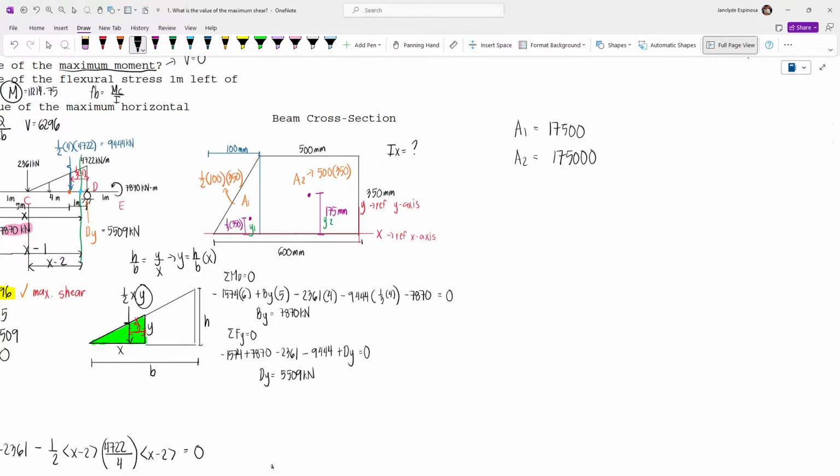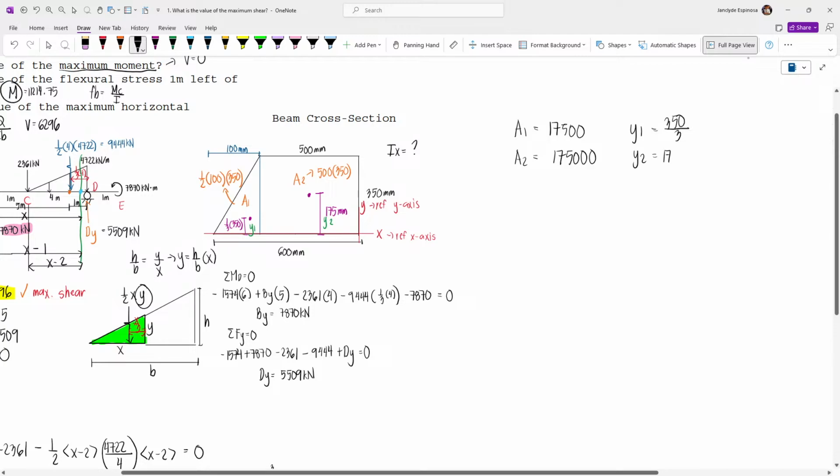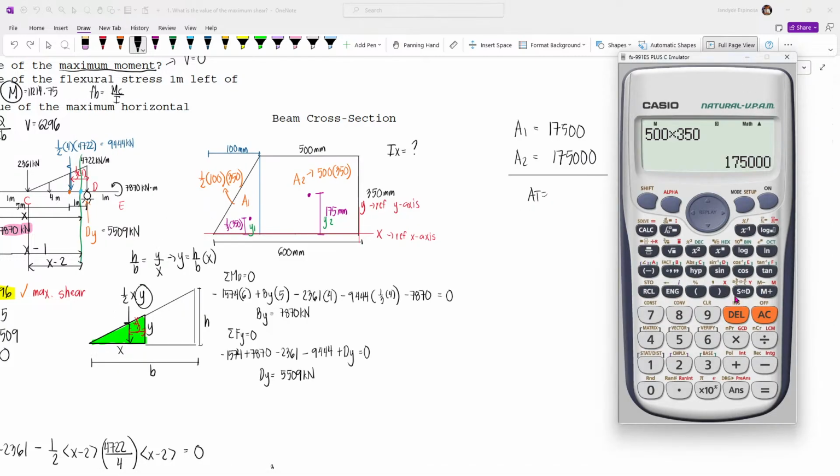And then Y1 na to is 350 divided by 3. And then atong Y2, 175. Now atong total area is, ang total na, so 175k plus 17.5.